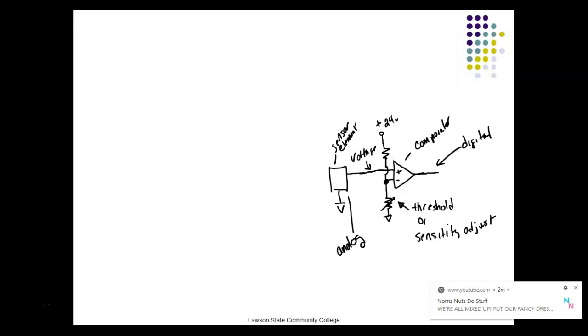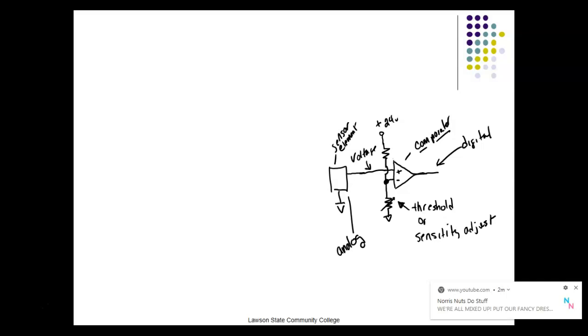So normally what we have in these sensors is, you saw the pressure sensor had a little adjustment on it. Normally we have the sensing element, which feeds an electronic circuit called a comparator. When you compare something, you see if they're the same or if they're different.